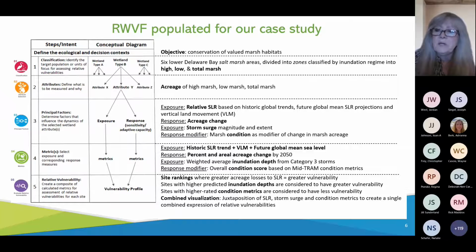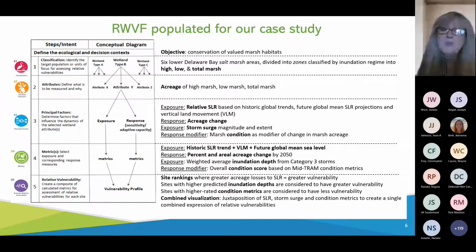But we also wanted to set the management context by conceptualizing 3 different management scenarios. One was the potential to manage high marsh areas for salt marsh sparrow. Another was the potential to manage low marsh for provision of habitat for nursery and foraging for fish and crabs.